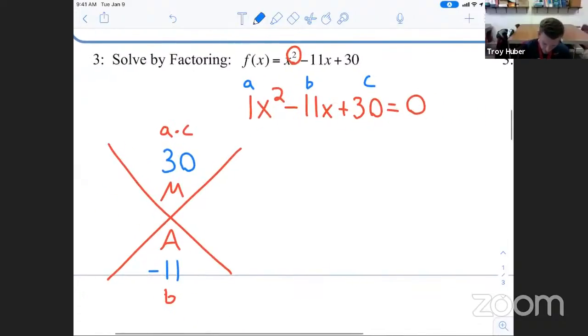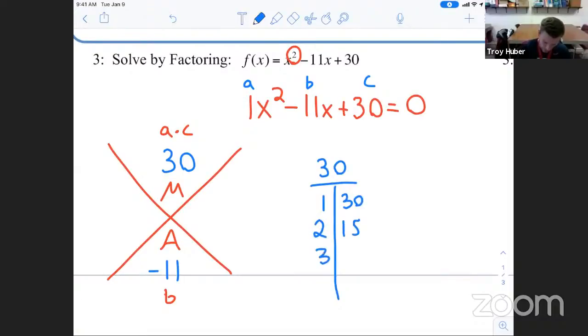So I like to make a little t-chart of my factors of 30. So you could do 1 times 30, 2 times 15, 3 times 10, 5 times 6. All right, now we want to look at what pair could add to negative 11. So I'm like, oh, 5 plus 6 is 11.